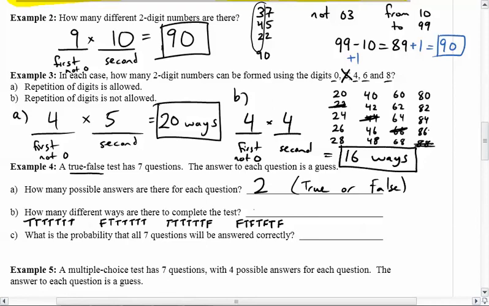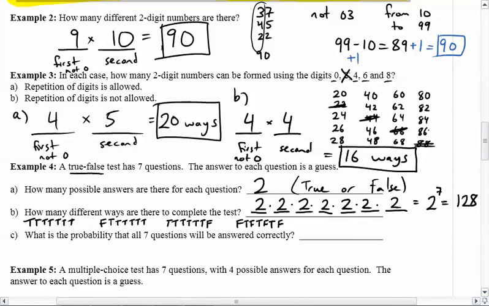But I can do this using the fundamental counting principle by saying first question, second question, third question, fourth, fifth, sixth, seventh question. The first question has 2 choices. Second question is 2 possible answers. And each question I can either answer true or false. 2 times 2 times 2 times 2 is 2 to the power of 7, which is 128 ways that I could answer that test.